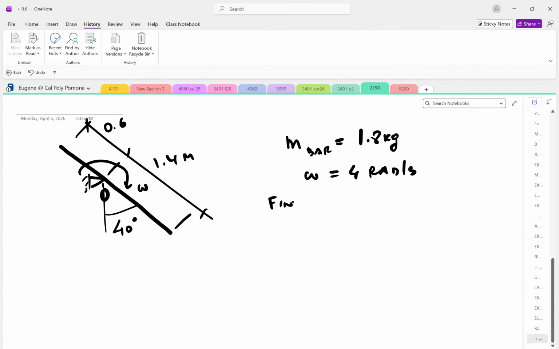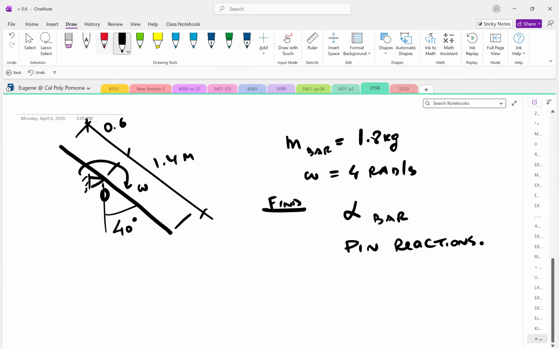Find alpha of the bar and the pin reactions. Let's label them somehow. So that's going to be OY and OX.